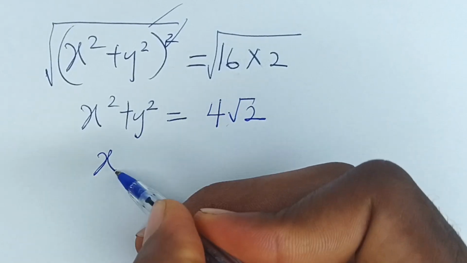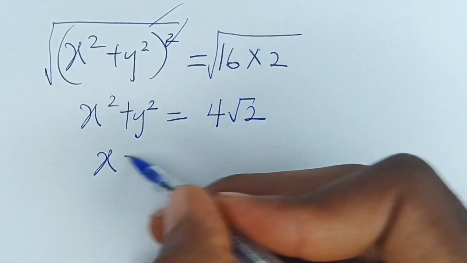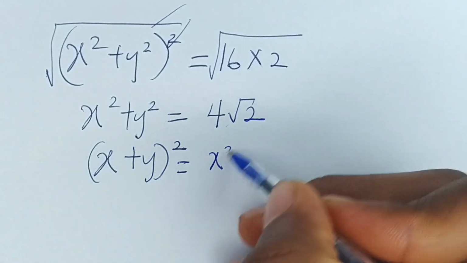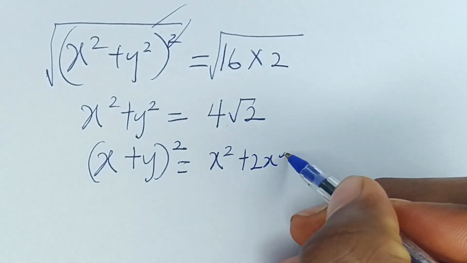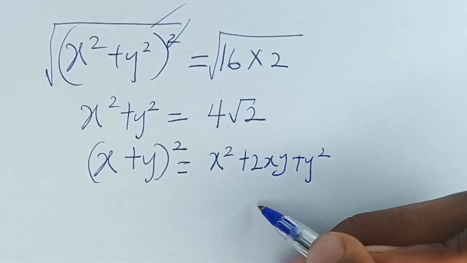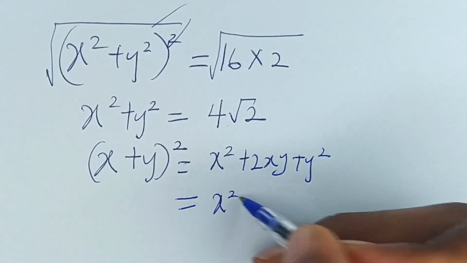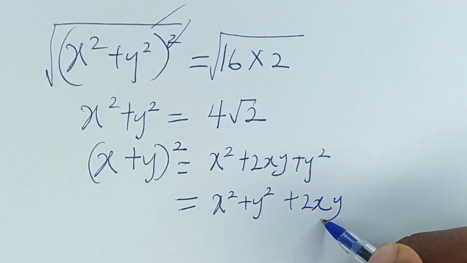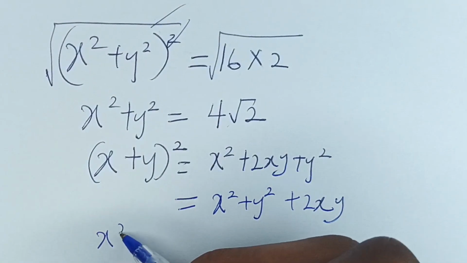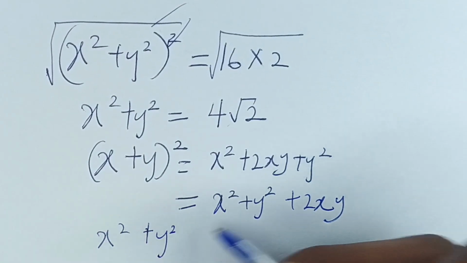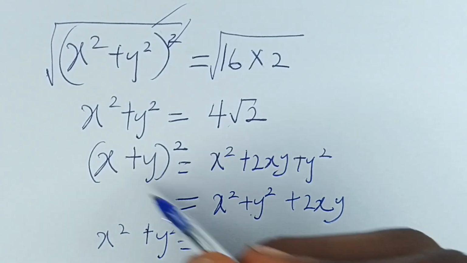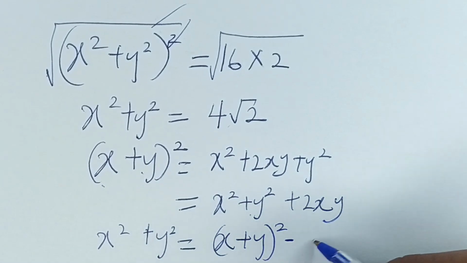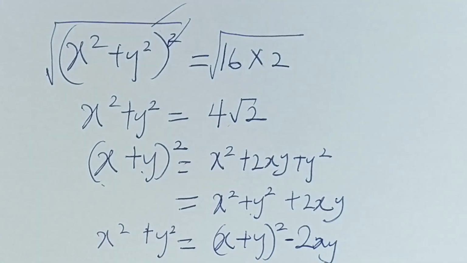So we have x squared plus y squared. Let's say that we have x plus y all squared, for example. It's equal to x squared plus 2xy plus y squared. This becomes equal to x squared plus y squared plus 2xy. Hence, we can say that x squared plus y squared will become equal to x plus y all squared minus 2xy.